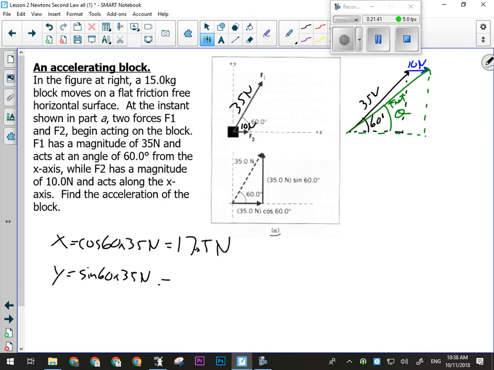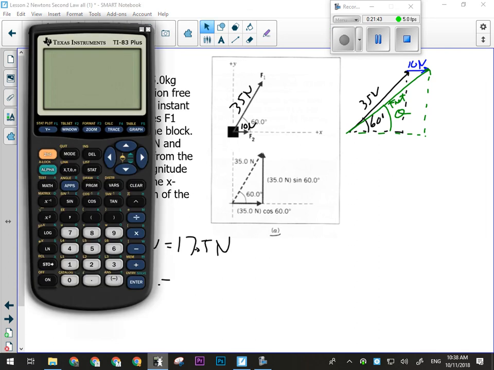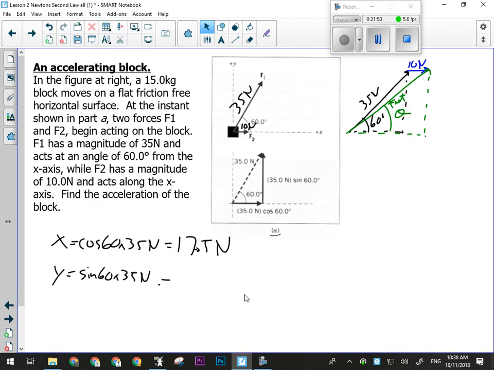Okay, and I can't remember what the sine of 60 is. Come on. All right, it's 30.311 newtons. Okay, so they'll both be positive. One is up and the other is to the right.